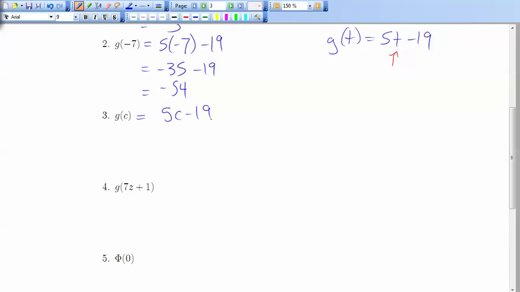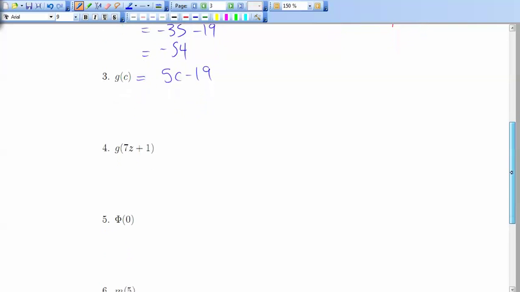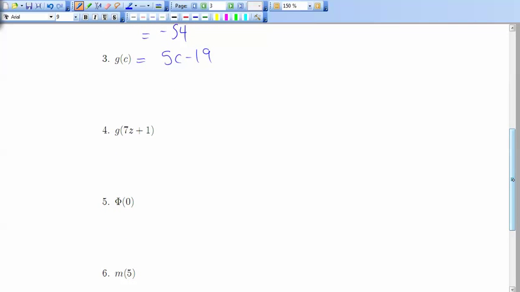That may not seem that exciting, but if you plug in something other than just a single symbol, say in the next example where we have 7z plus 1 being replaced as the independent variable in g, we would have 5 times 7z plus 1, don't forget your brackets, minus 19. And if I simplify that, I end up with a new expression that now talks about z.